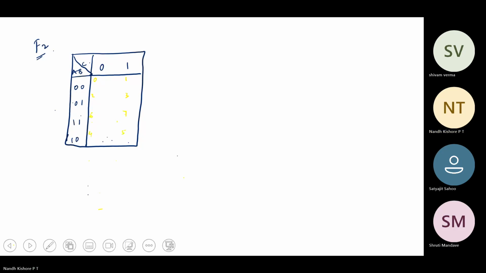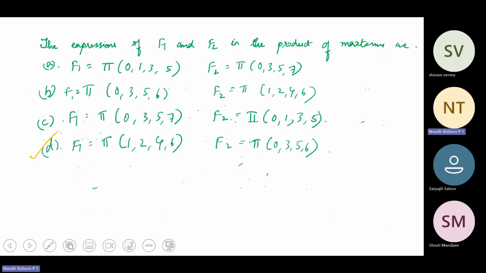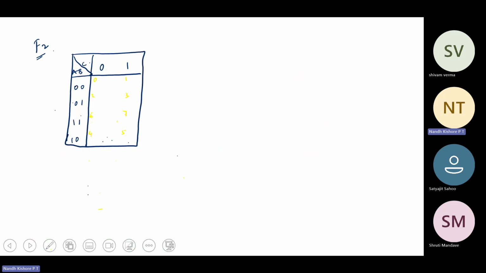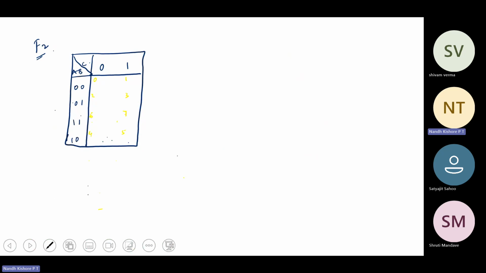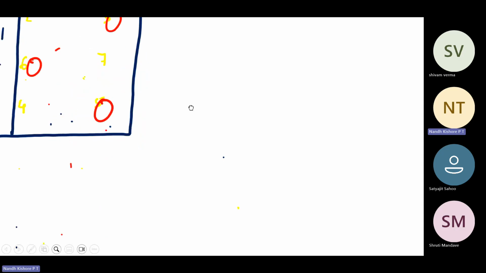Now let's go back. What is F2? F2 is pi of 0, 3, 5, 6. So at 0, 3, 5, and 6 it is 0, and the rest are all 1.